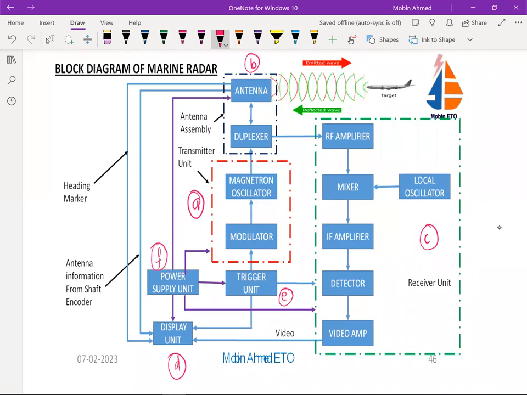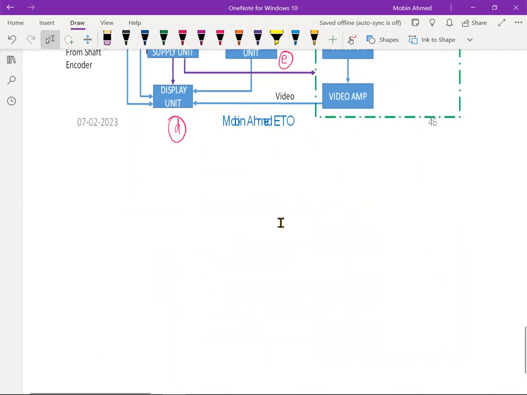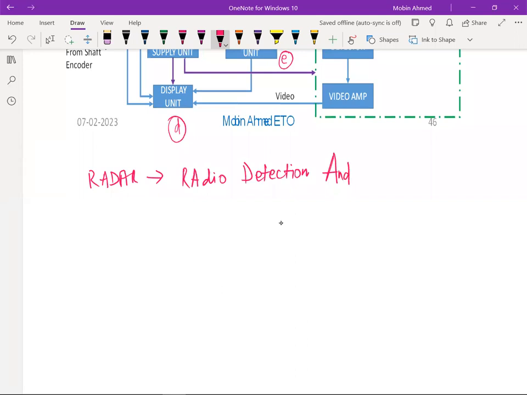Now, what is a transmitter? It's very simple, I give you this only for the oral purpose. First of all, the full form of radar. The full form is radio detection and ranging.